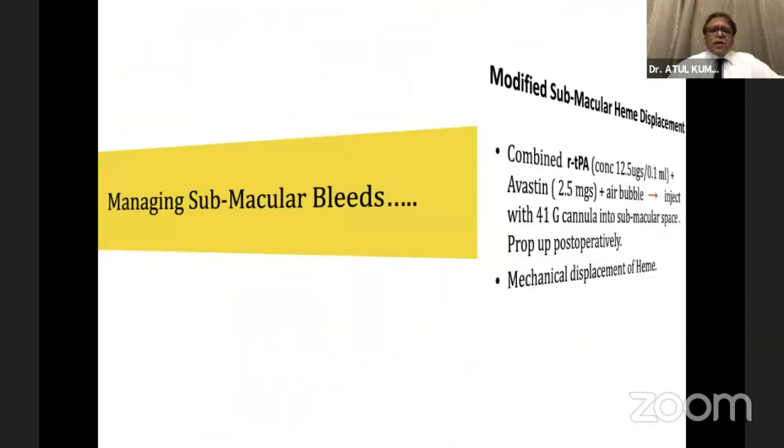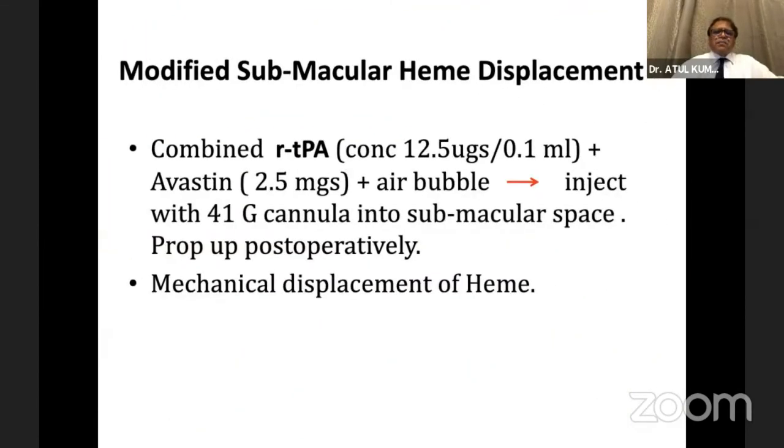So I'm talking about my submacular displacement. I combined this because of increased incidence of probably better imaging modalities picking up the polypoidal choroidal vasculopathy. We're seeing more of ICG being done, and OCT and OCTA also being done. We're picking up the polyps.